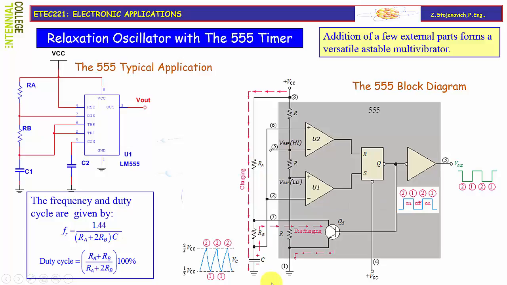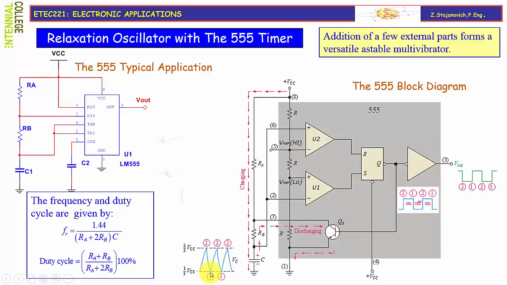From this explanation of operation of the 555 timer, we can see that the voltage across the capacitor will always oscillate between a minimum value, which is 1/3 of VCC, and a maximum value, that is 2/3 of VCC. When it reaches the maximum value, 2/3 of VCC, the top comparator will reset the flip-flop, and because the transistor will turn on, we will start discharging the capacitor.